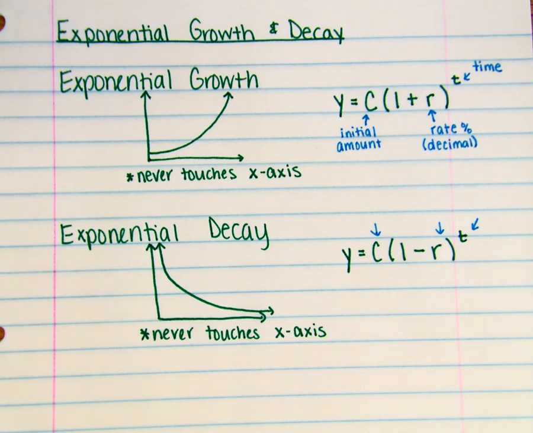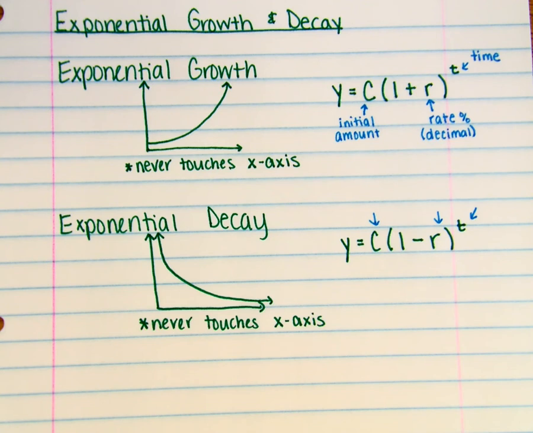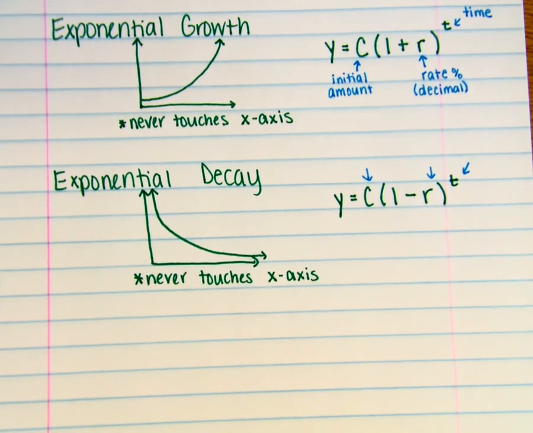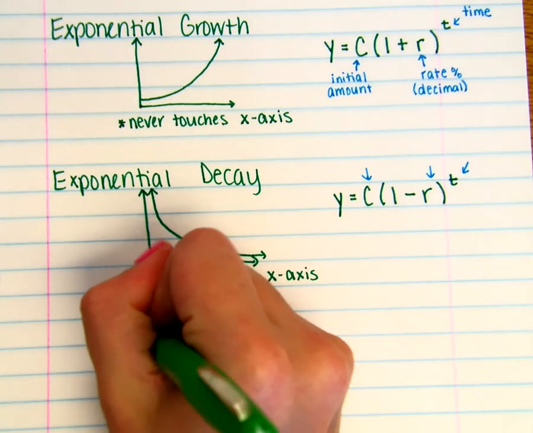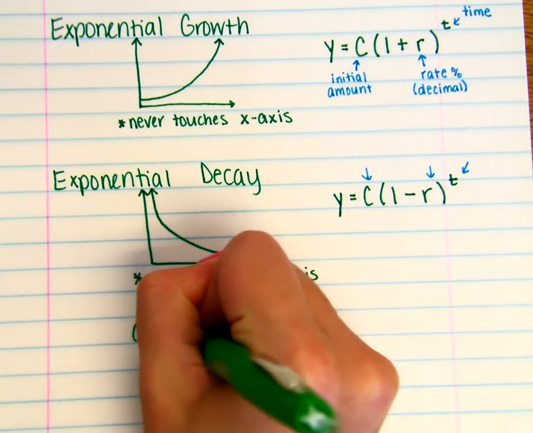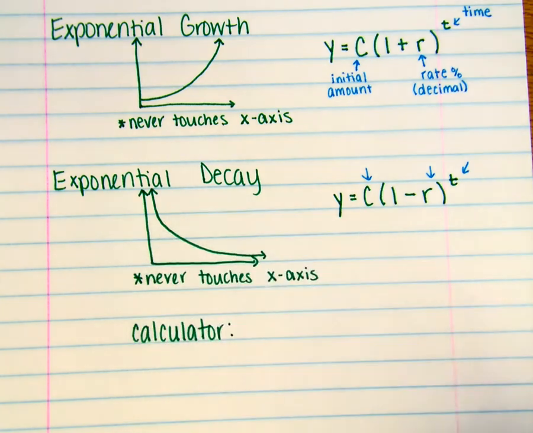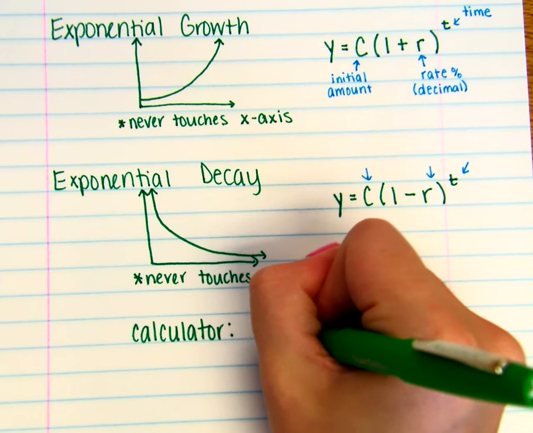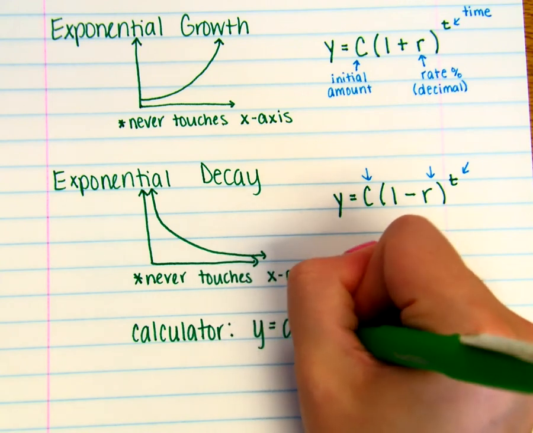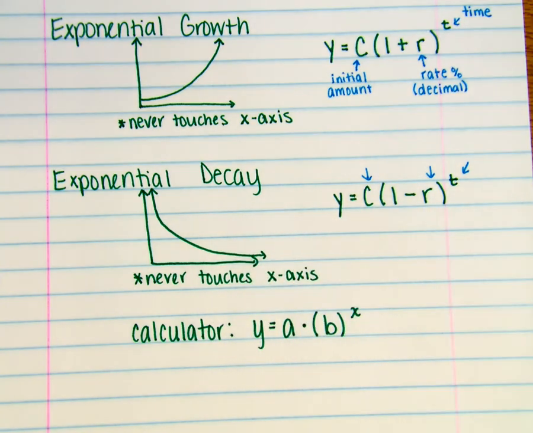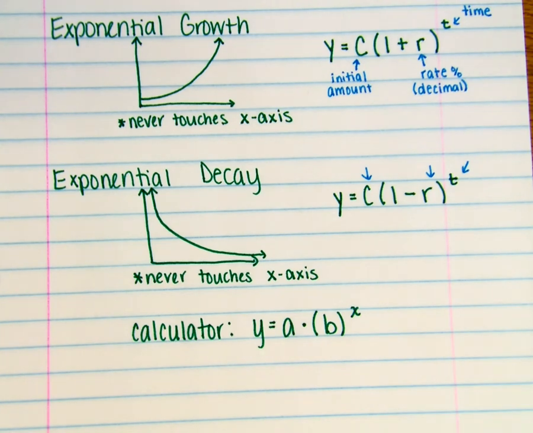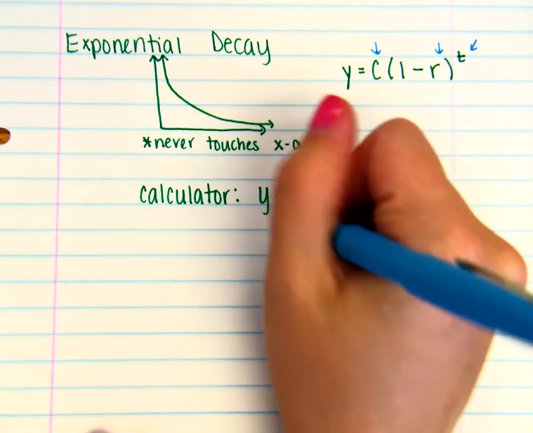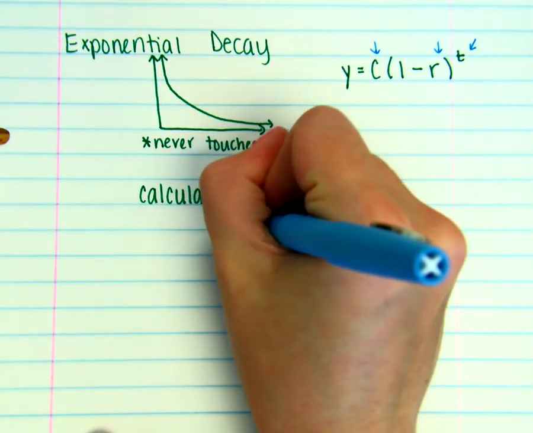We're going to be finding exponential growth functions by hand. We're also going to be finding exponential growth functions in the calculator. So right below here, we're just going to talk about what it looks like in the calculator. y equals a times b to the x power, where when we get this in the calculator, a stands for the initial amount.